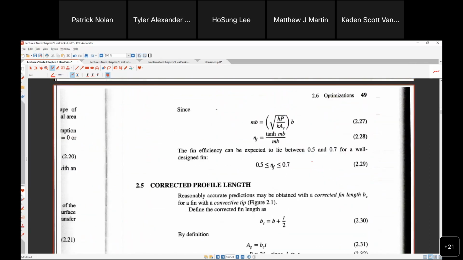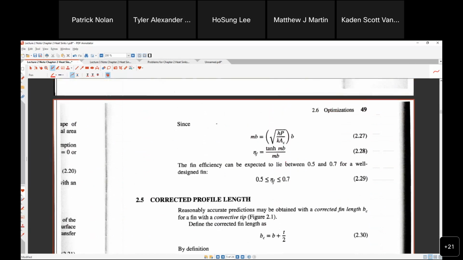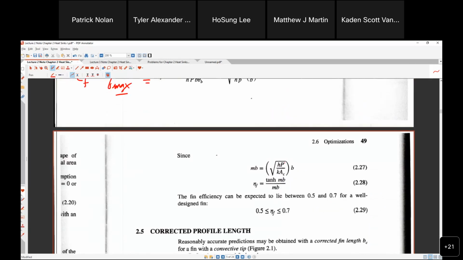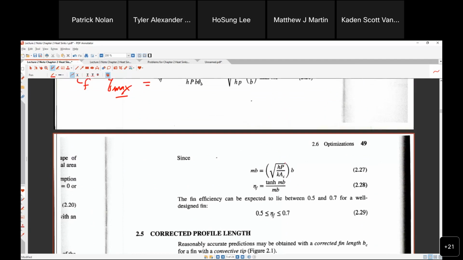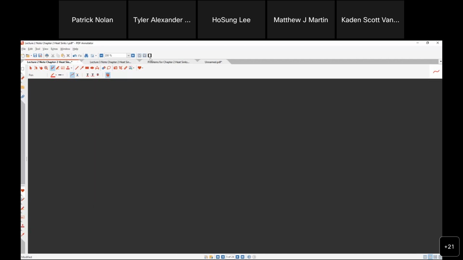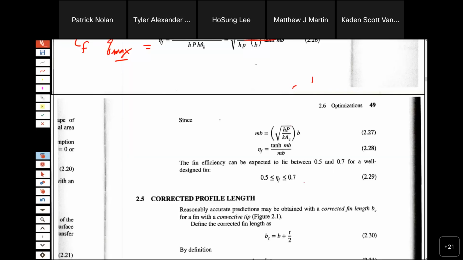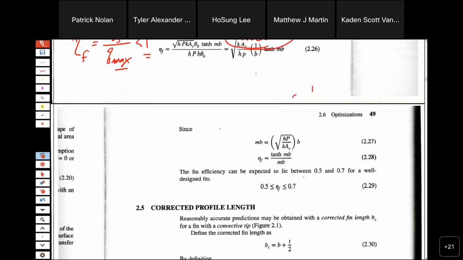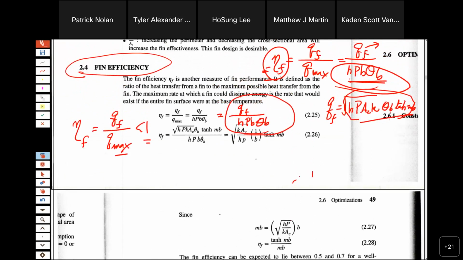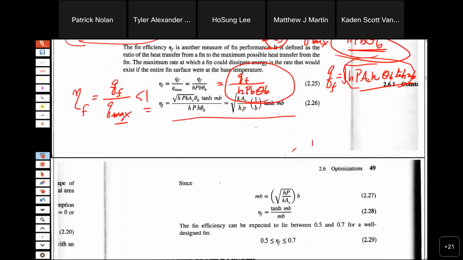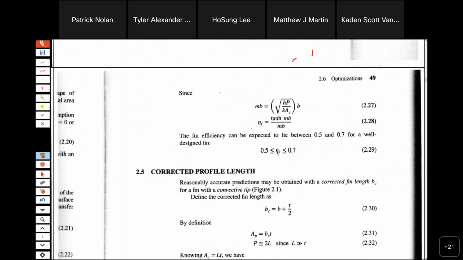So it turns out, if you look at it mathematically, this is it, easy.